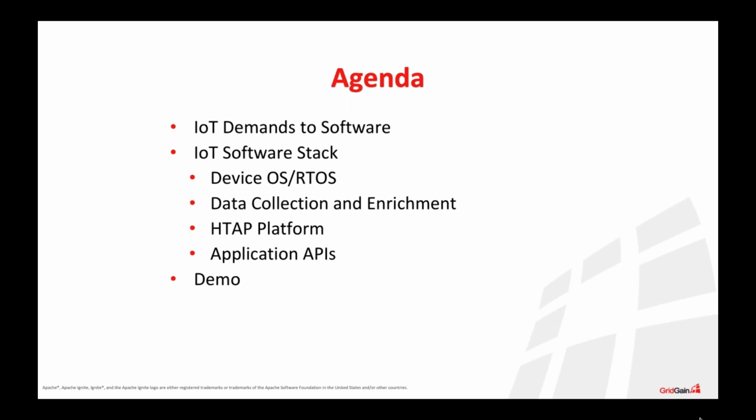In particular, we are going to break down the software stack into the following components. First of all, there should be some operating system or real-time operating system that powers our edge devices, like smartphones, smart meters, smart watches, bands, and vehicles, and so on. Right after that, that operating system has to be able to connect to the outside world, so that there is a way to send out all the metrics, all the samples, all the measurements to your platform.